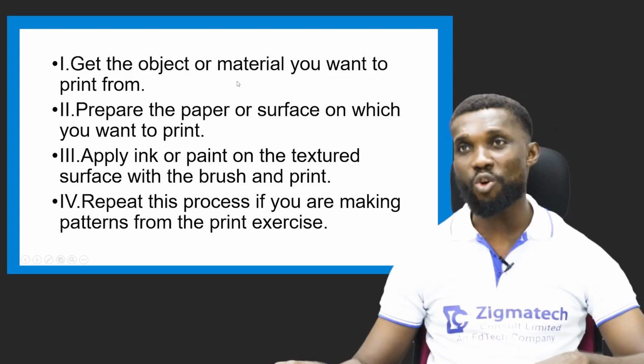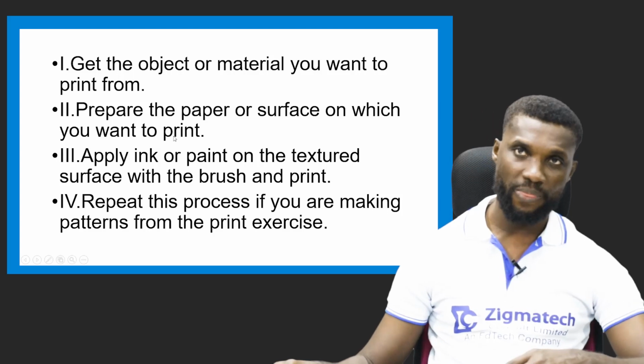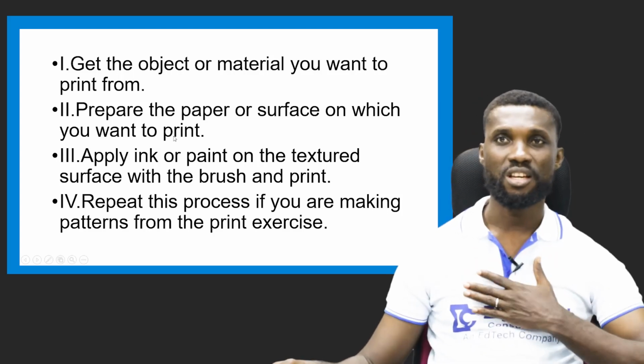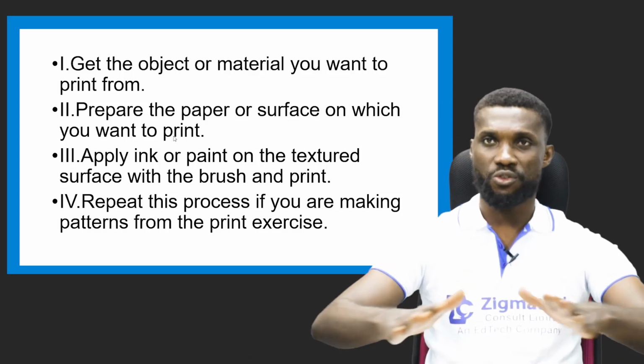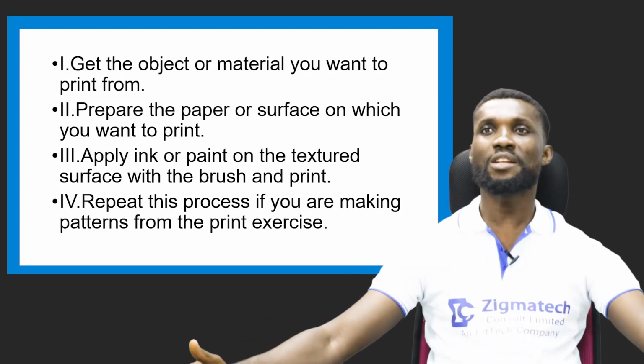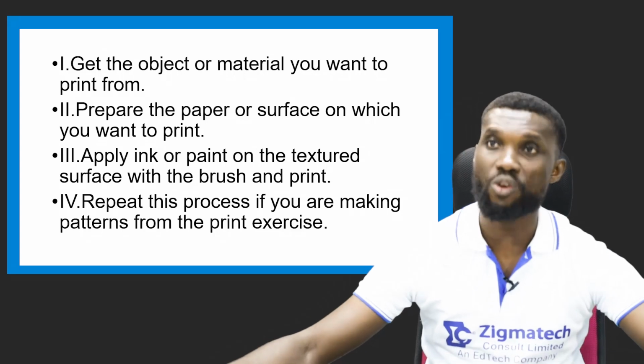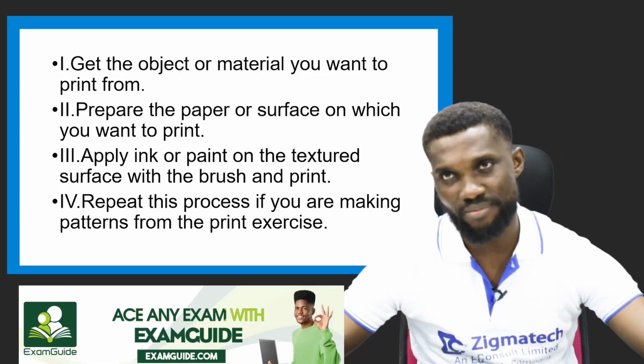Now get the object or material you want to print on. First, if it is a cloth, paper, or a board, so the wood, you get it, you fasten it on the table, then you prepare the paper or the surface on which you want to print.